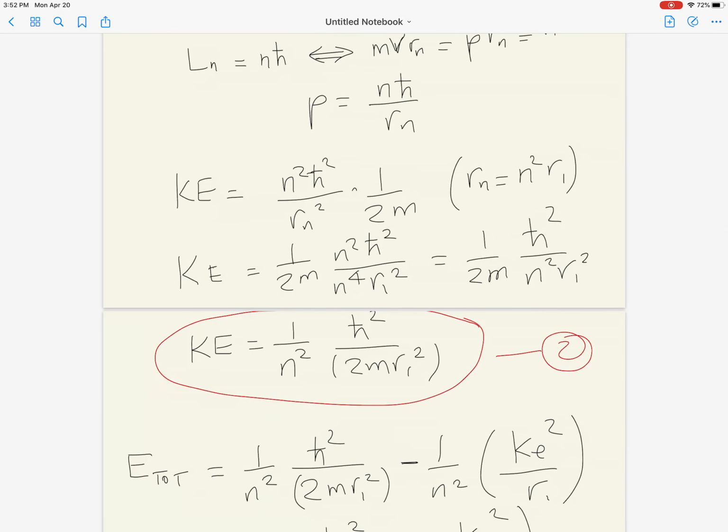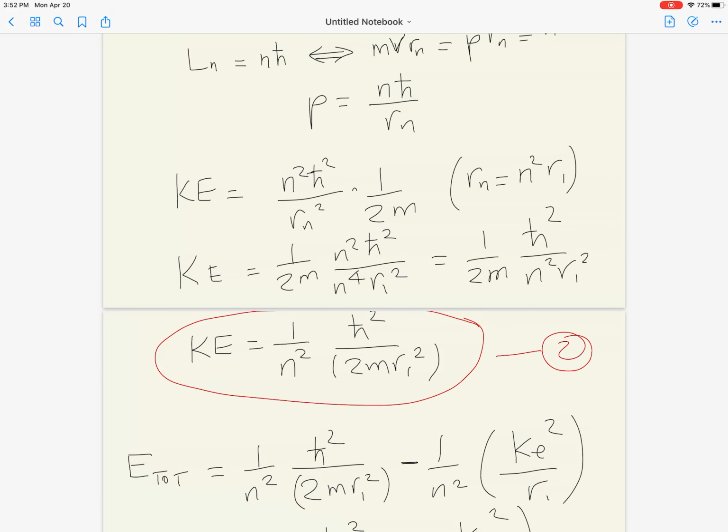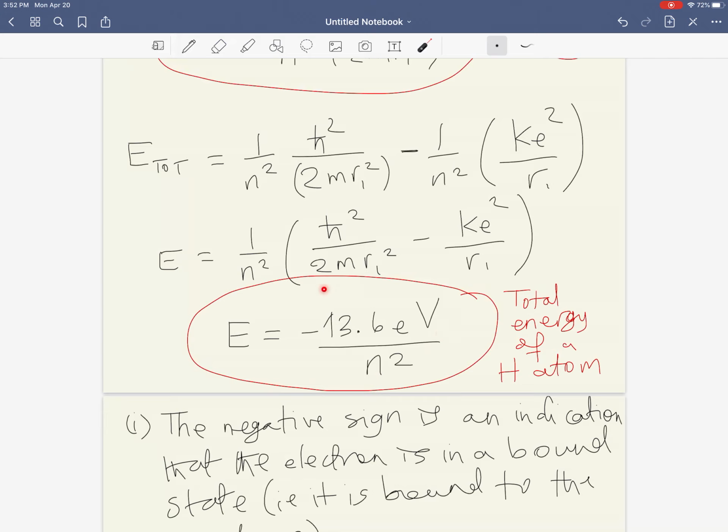Similarly, you have an expression for the kinetic energy. And if you have to calculate the total energy, well, here is your expression. Okay? And the rest of this is about the concept questions, such as the importance of the negative sign in front of the total energy formula, and so on.